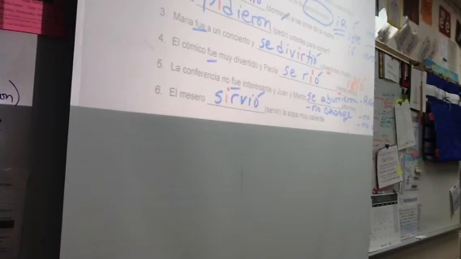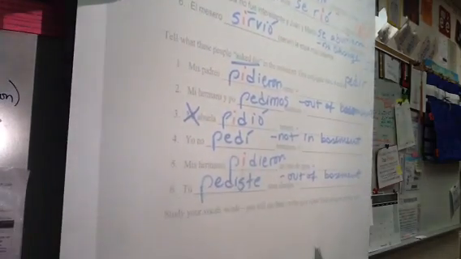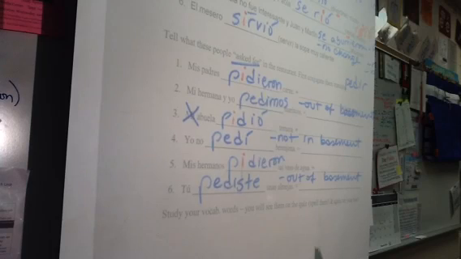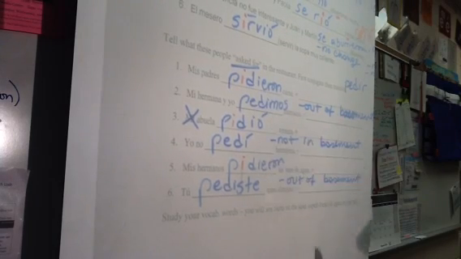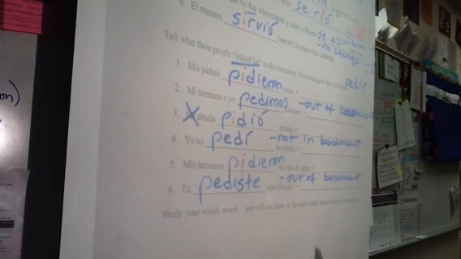The next section, just to go over this fairly quickly, I just want to make a couple of points here: if you're in the basement, awesome. Make the change for anything that's singular, anything that's plural. But if it's the yo form, the tu form, or the nosotros form, you're not making the change because those changes are out of the basement.